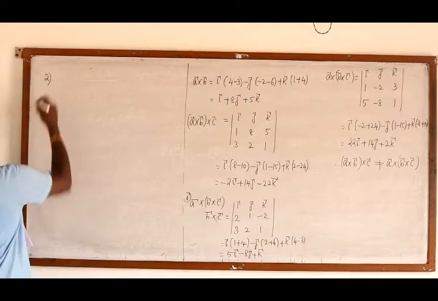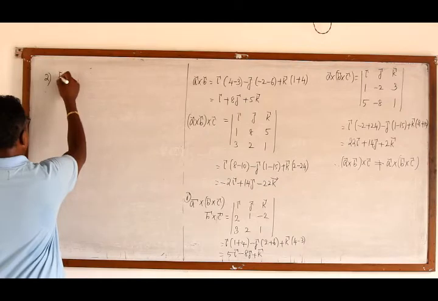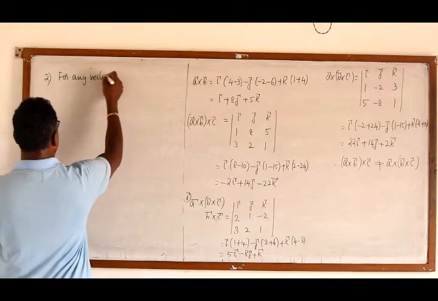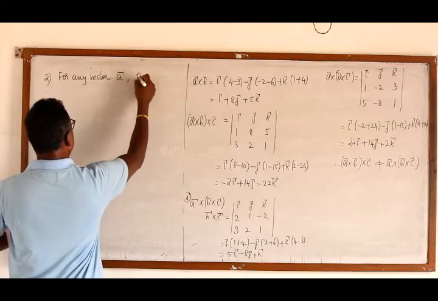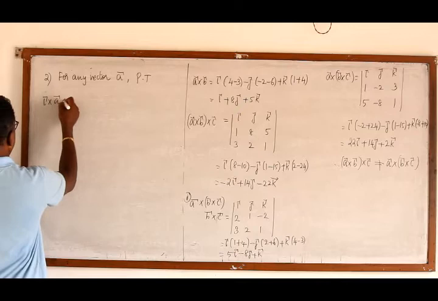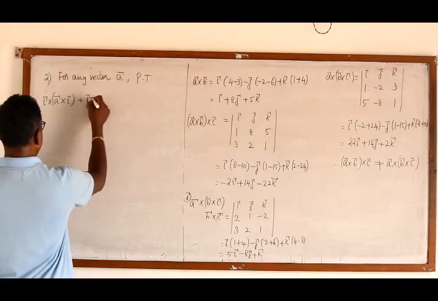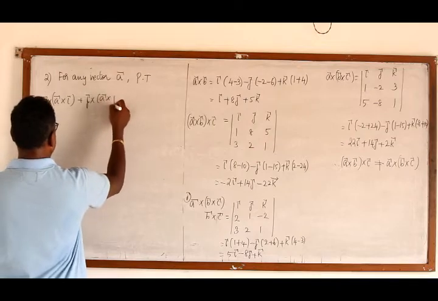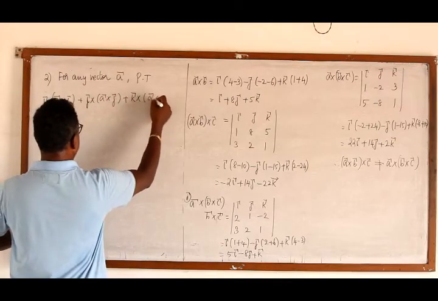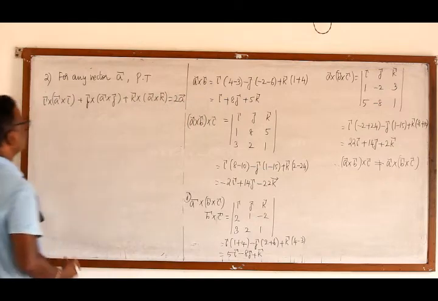Now problem number 2. For any vector A, prove that i cross (A cross i) plus j cross (A cross j) plus k cross (A cross k) is equal to 2A vector.